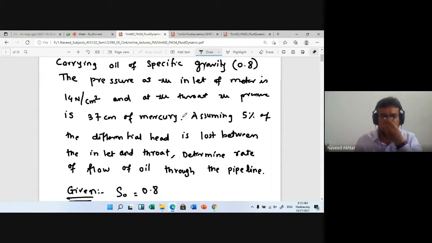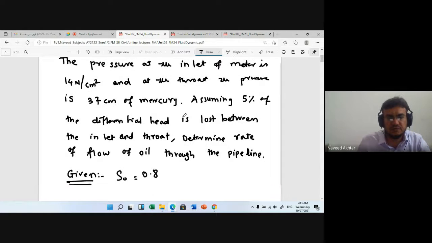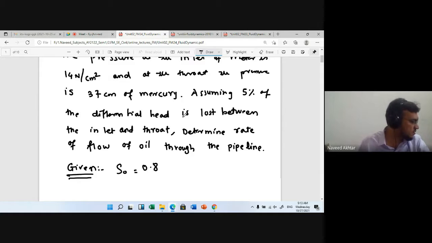The pressure at the inlet of the meter, P1, is given as 14 Newton per centimeter square.